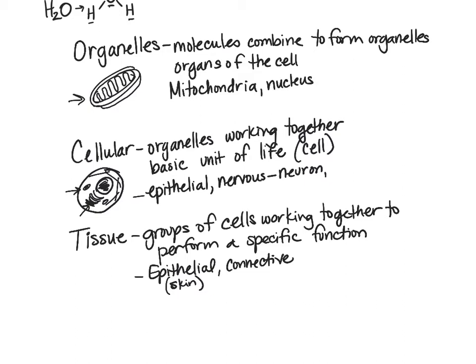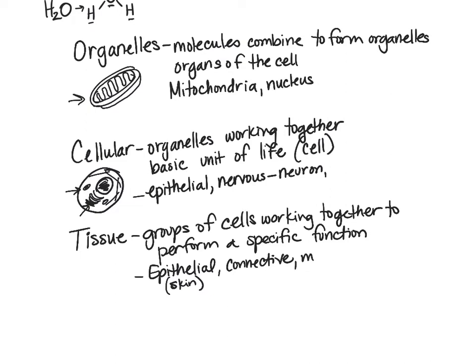One example would be areolar connective tissue. You don't have to know that specifically at this point, but it's made up of different types of cells, all coming together to perform a specific function. For connective tissue, that would be, for example, holding the skin down to the rest of the body. There's a connective function there, a basement membrane that's holding it down.